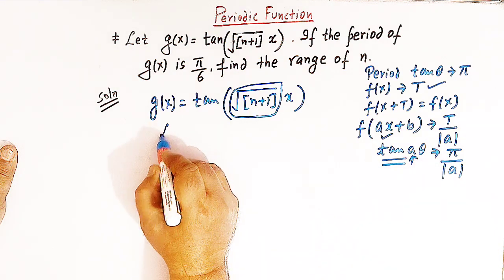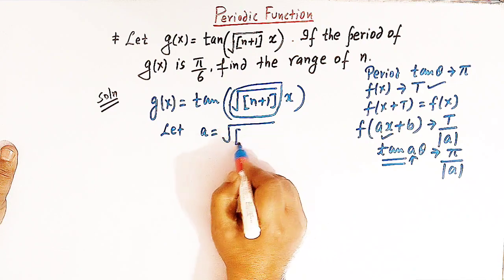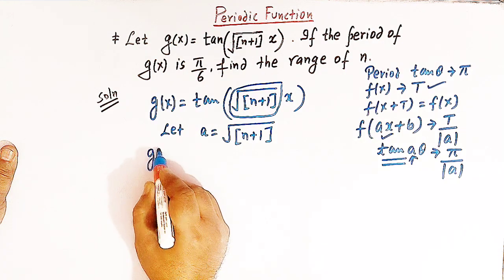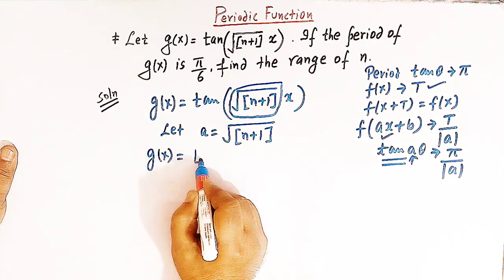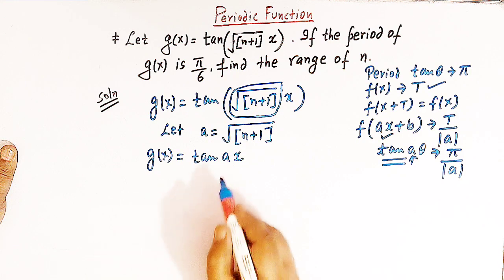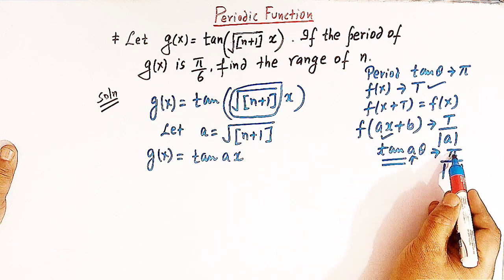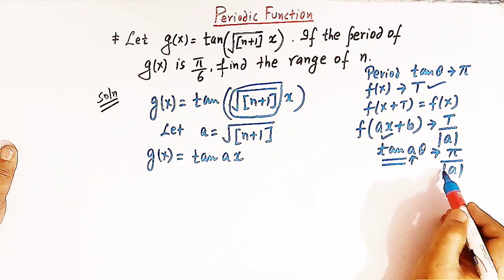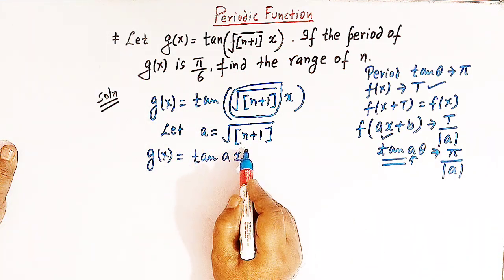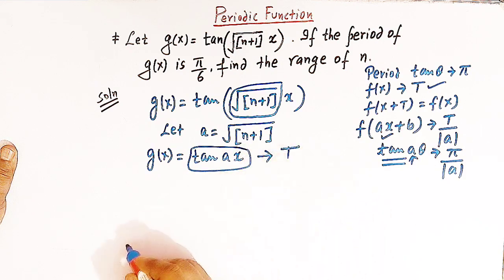So a is equal to the square root of the greatest integer of n plus 1, so that g of x takes the form tan of ax. The period of tan of ax is pi over the mod of a, so let us denote the period as t.